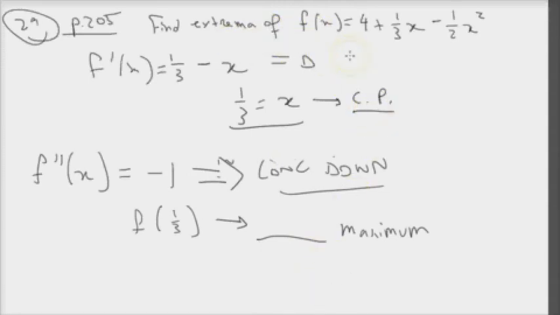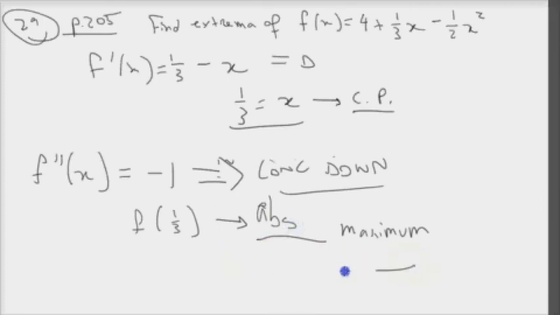And since we're not given any endpoints here, we wouldn't be able to find any absolute extrema. Well, actually, if we do just look at this function for a second, we see it's a parabola because it's a polynomial to the second degree, and we see that it's negative, so it's a downward-facing parabola. So the maximum point is going to be the absolute maximum.